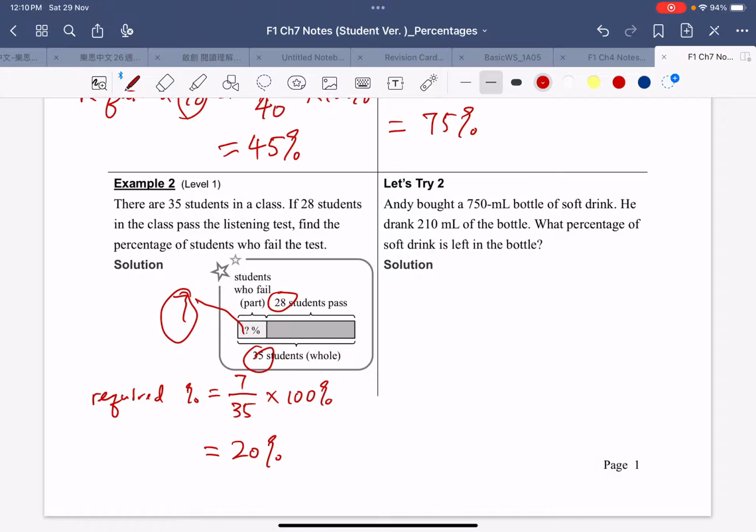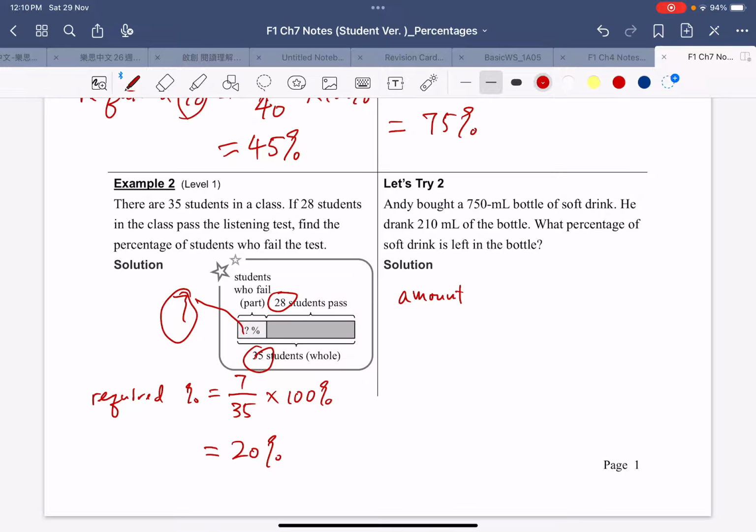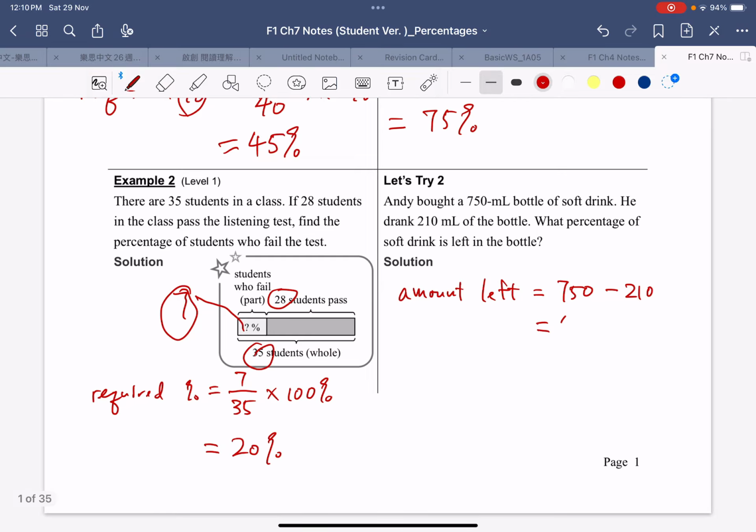So first of all, find the amount left. The amount left you can write equals the whole minus 210, which gives you 540 ml.